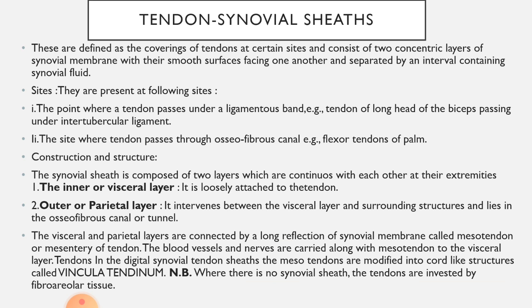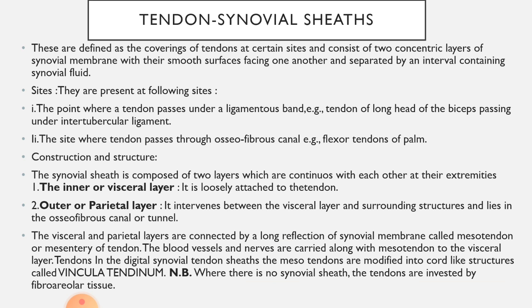The smooth surfaces of the two layers face one another and are separated by an interval containing the synovial fluid. These two layers are called the visceral and parietal layers, and between them flows the synovial fluid.